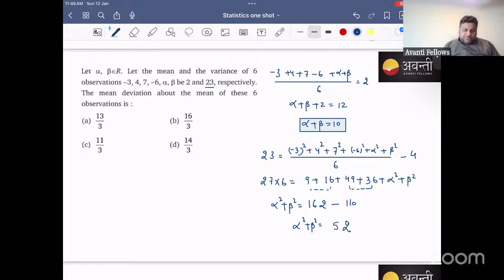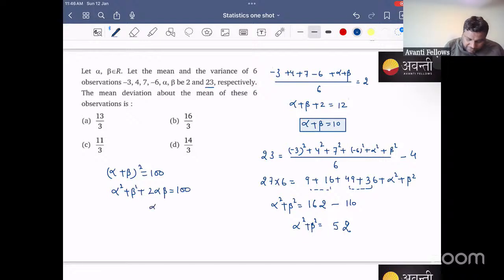Now they're asking for mean deviation about the mean. For that, I need to have the data. So alpha plus beta is 10, alpha square plus beta square is 52. So alpha plus beta whole square is going to be 100. So that is alpha square plus beta square plus 2 alpha beta is 100.